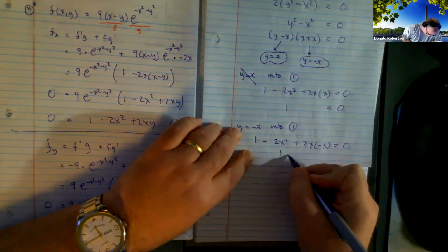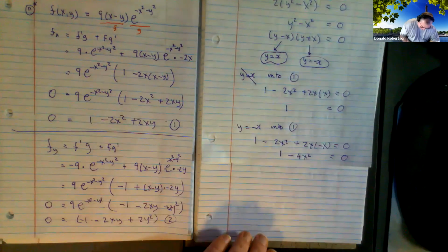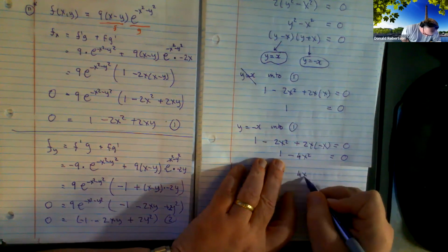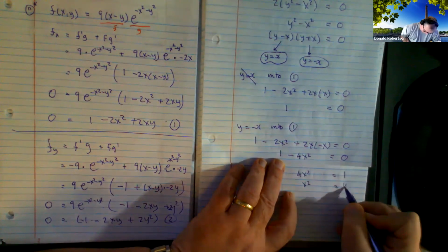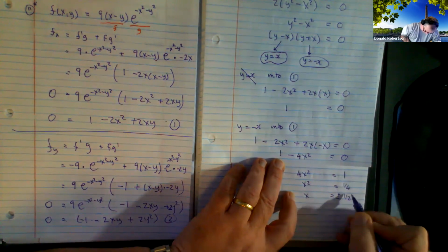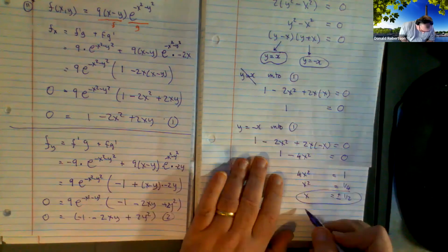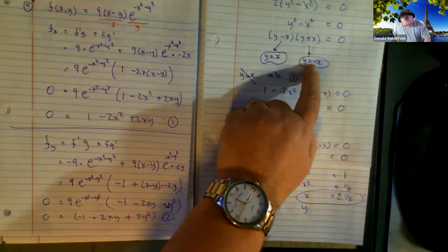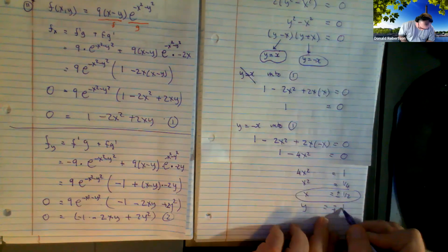And that becomes 1, take away 4x squared equals 0. And that becomes 4x squared equals 1. And that becomes x squared is a quarter. And doesn't that give me plus or minus a half? Agreed? And won't y be the negative of whatever x is?